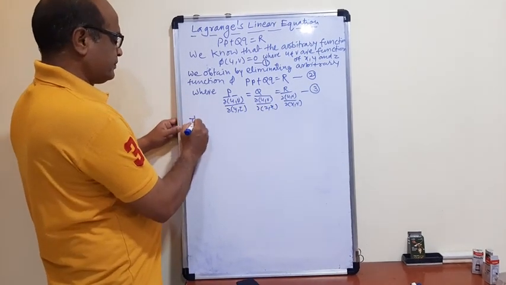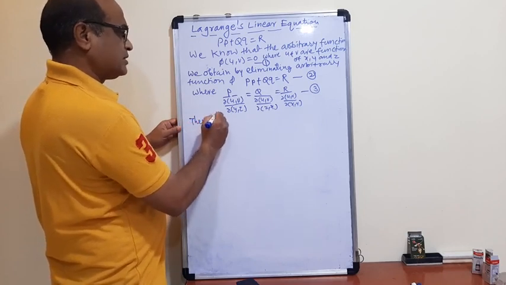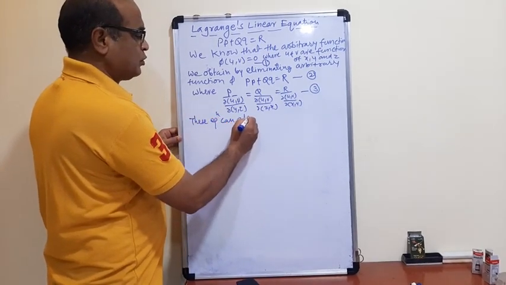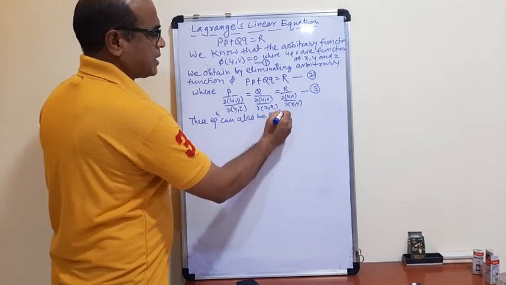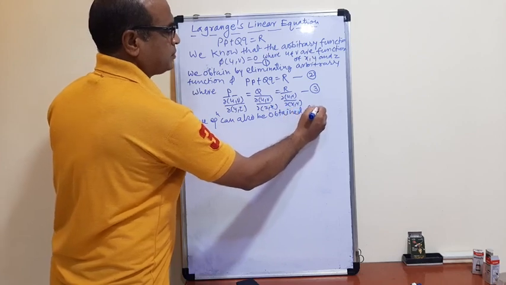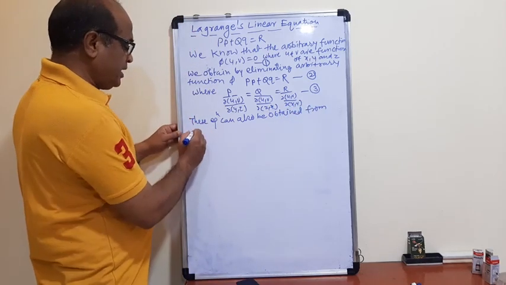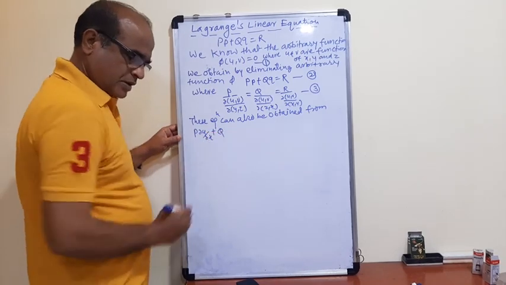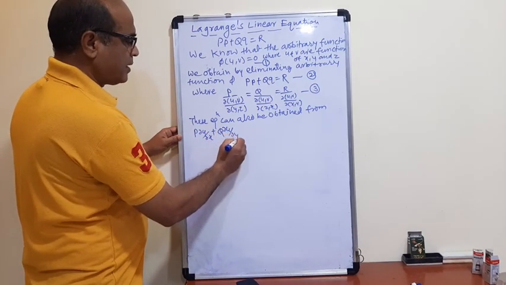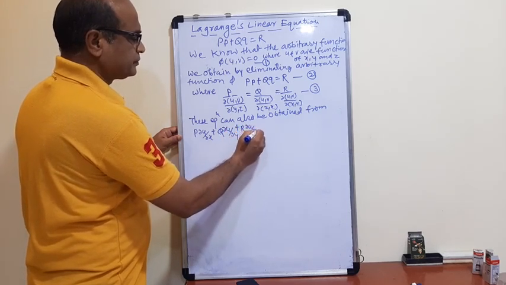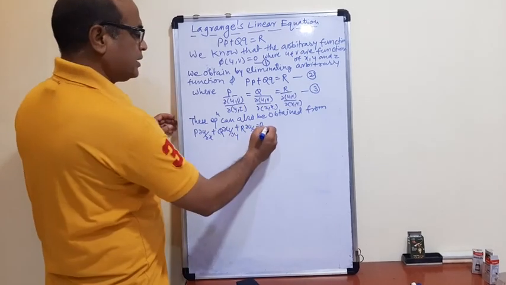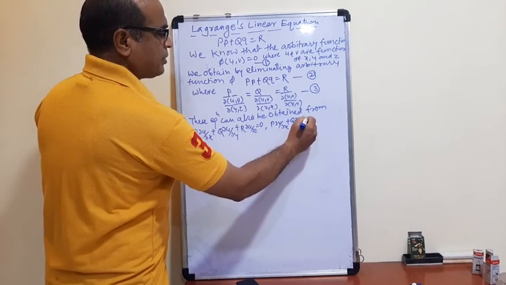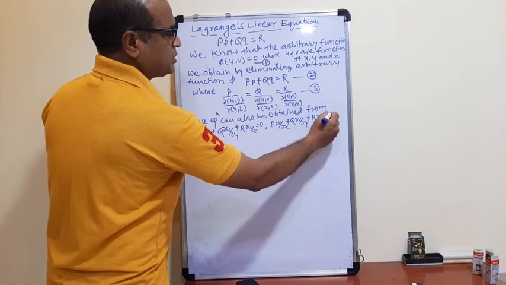These equations can also be obtained from the equations P dou u by dou x plus Q dou u by dou y plus R dou u by dou z is equal to 0, and P dou v by dou x plus Q dou v by dou y plus R dou v by dou z is equal to 0.